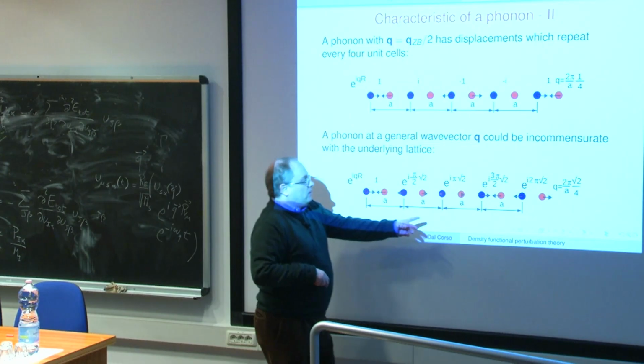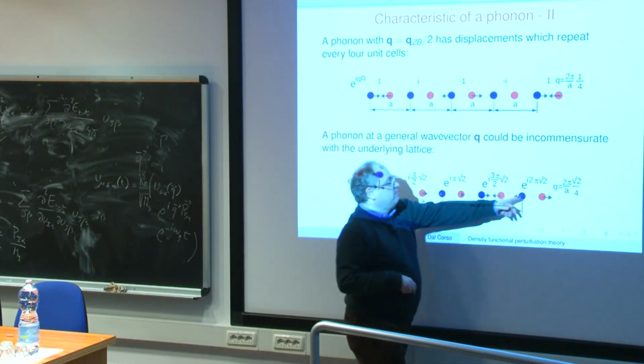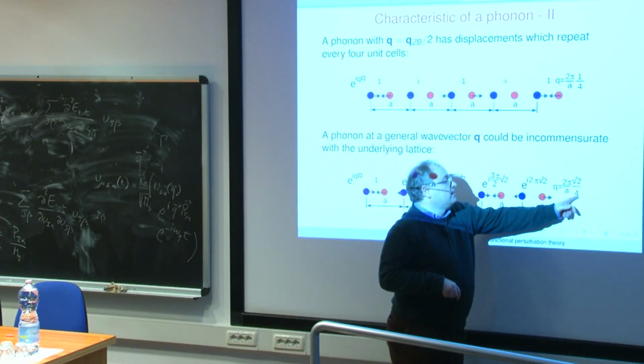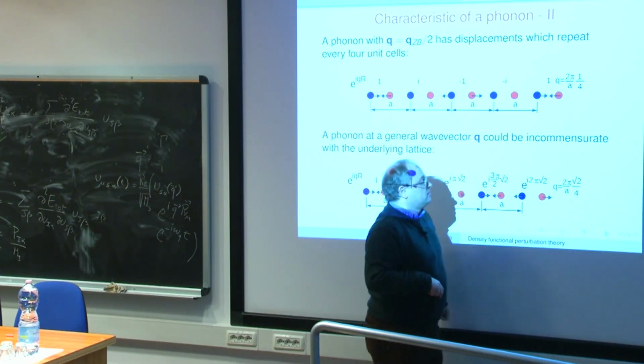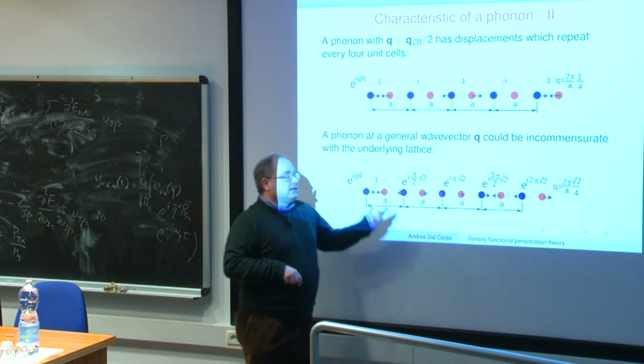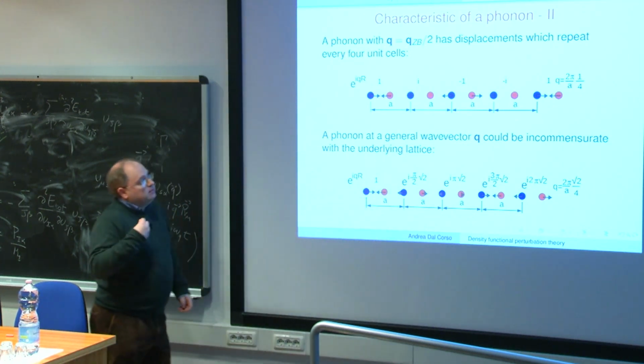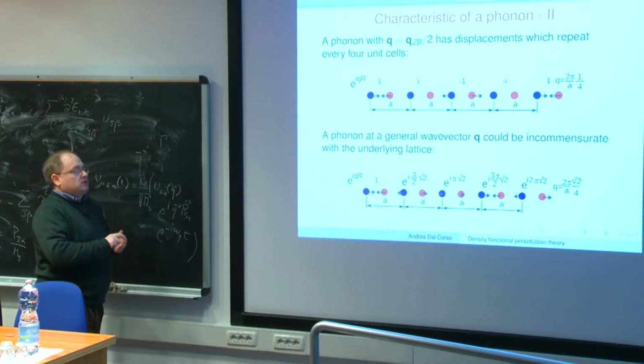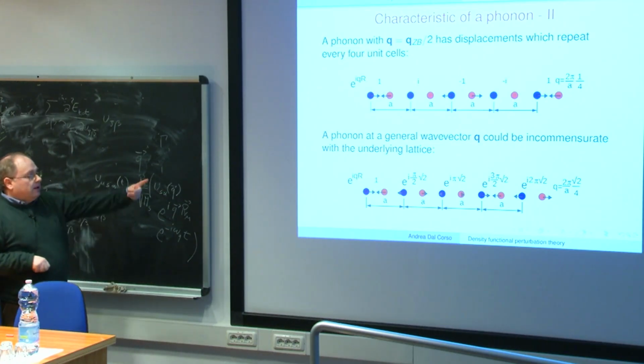Clearly, one can also think of some wave vectors that are incommensurate with the lattice, for instance, square root of 2 divided by 4. In this case, the pattern never repeats. But with this technique, we will be able, also in this case, to calculate the second derivative with respect to a phonon like this.